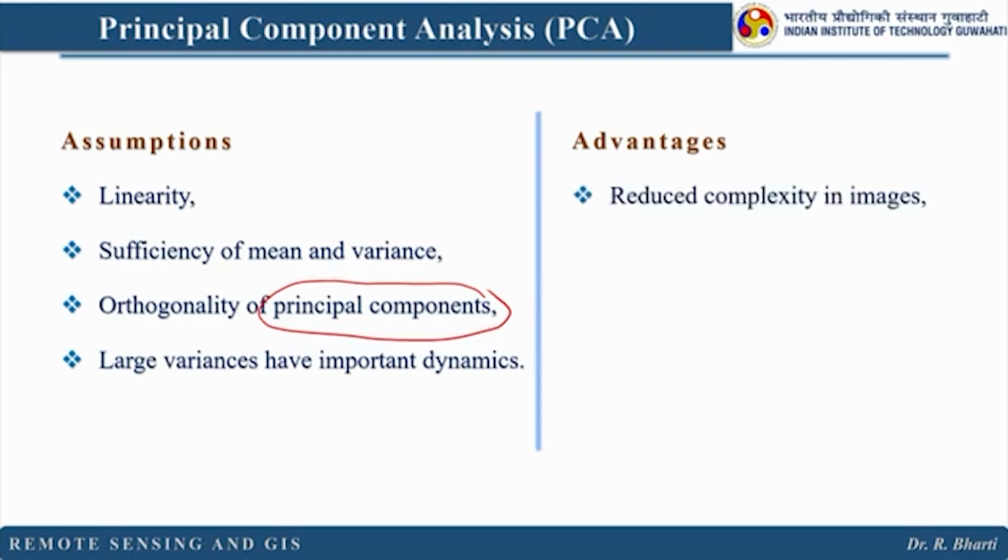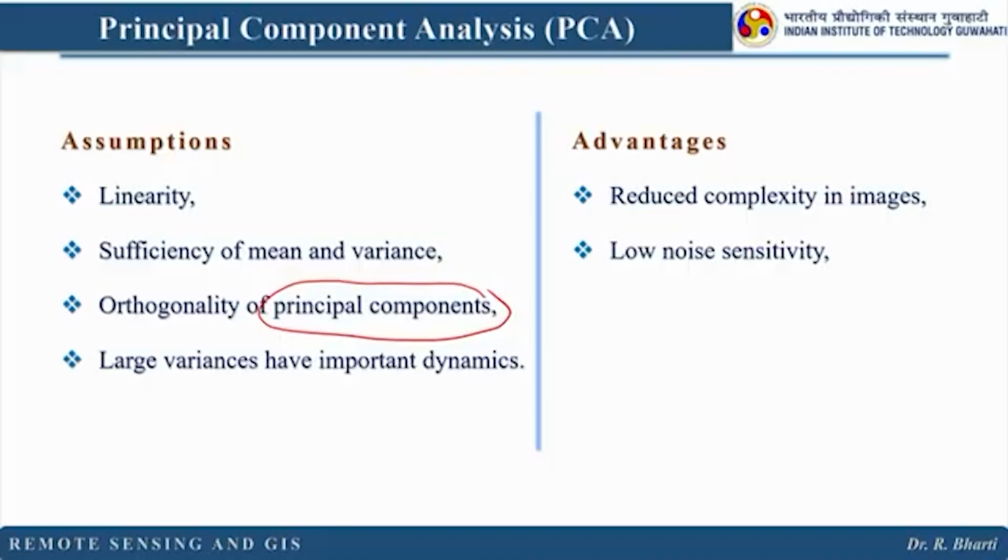The advantage of this particular PCA method is that it reduces the complexity in the image. I told you, if you have a 4 band image, it is very easy to interpret, but if you have a 100 band or 200 band image, it is very difficult and you have to put in lots of effort. And then low noise sensitivity.